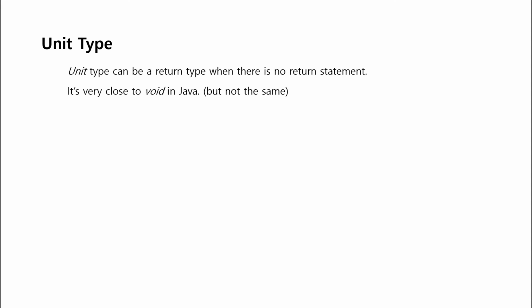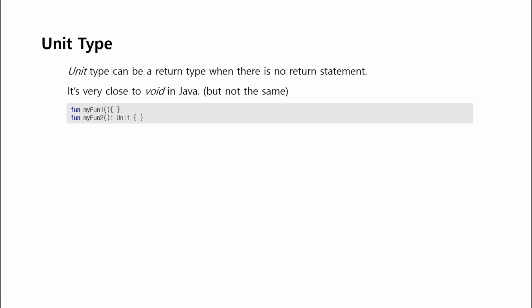So we can use Unit type in the same way we use other data types. But like I said, generally we use it when we have no return value. In this code snippet, if you don't write a return data type, Kotlin infers that the return type is a Unit type.